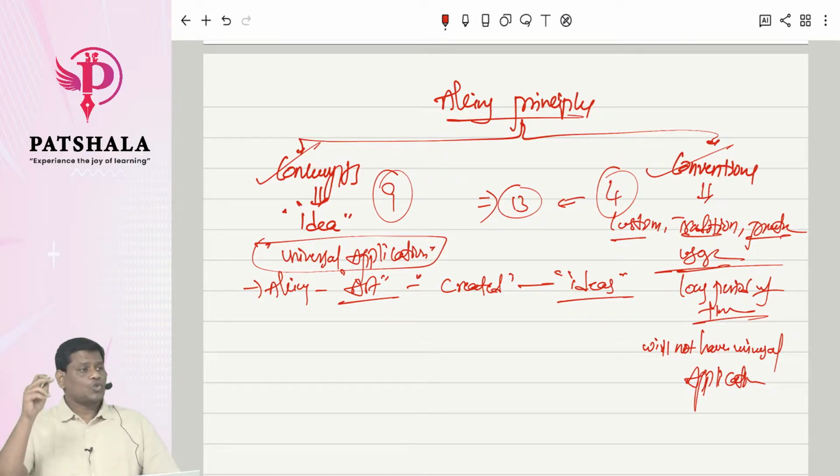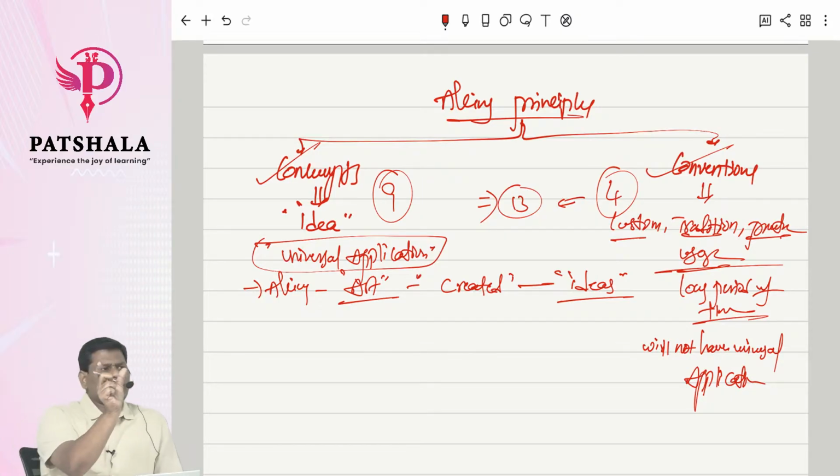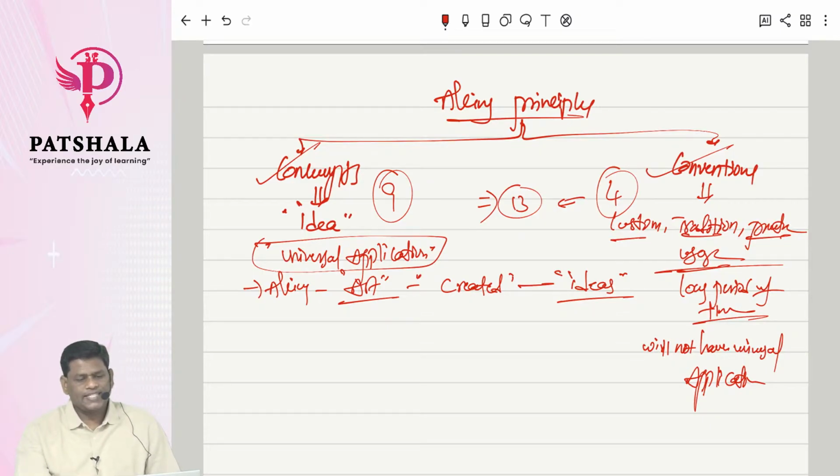Okay? Under concept, I will give small points so that you will understand what it is. Right, first one: concept means basic idea.